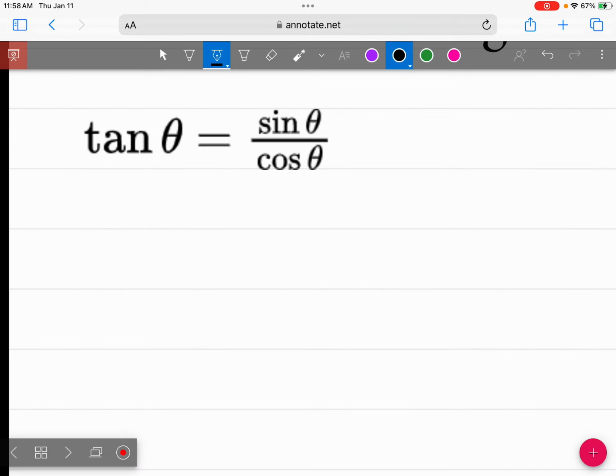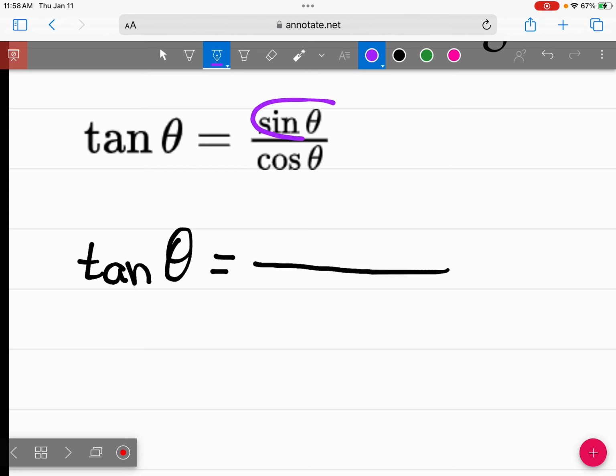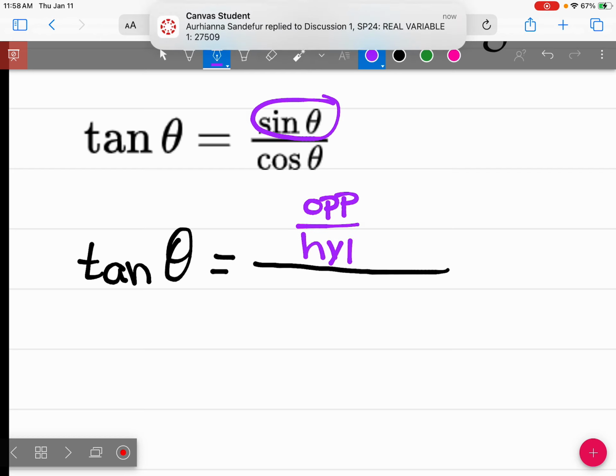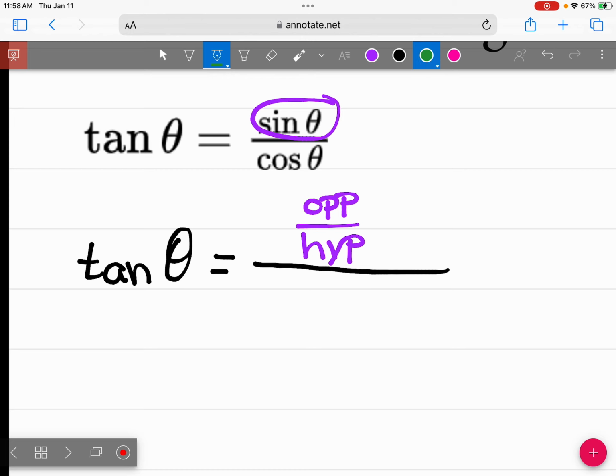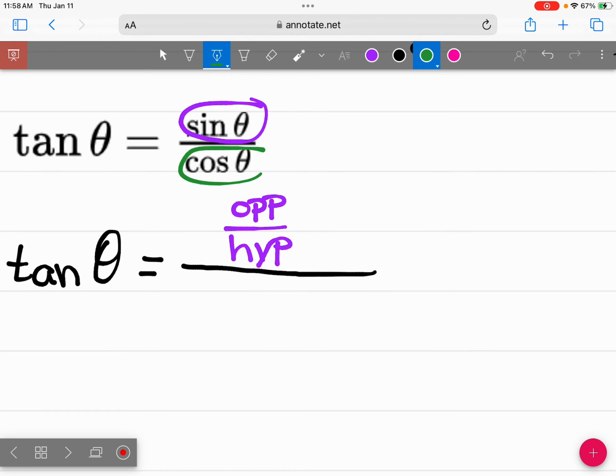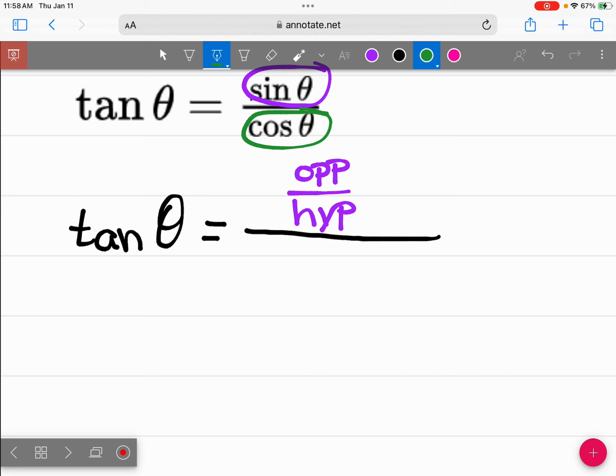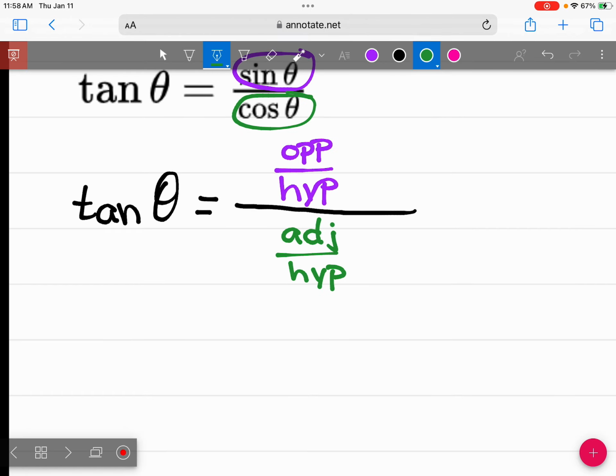I'm going to keep the left-hand side the same: tangent of theta equals one big fraction, with sine of theta written as opposite over hypotenuse, and cosine as adjacent over hypotenuse. That's what the definitions of sine and cosine say.